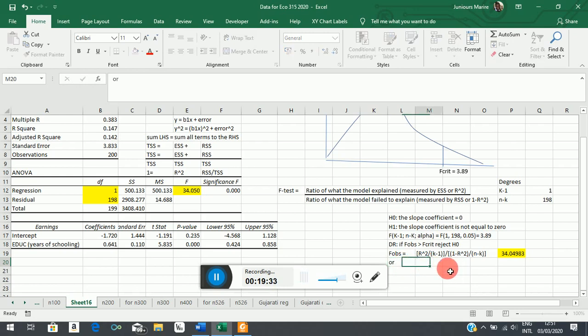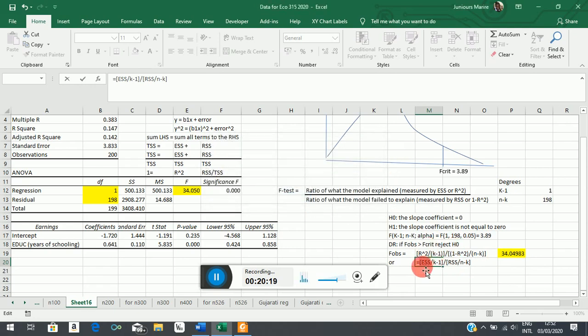An alternative method is to say this is equal to your ESS over K minus 1, everything over your RSS over N minus K. You see, what the model explained adjusted for degrees of freedom, over what the model failed to explain adjusted for degrees of freedom.